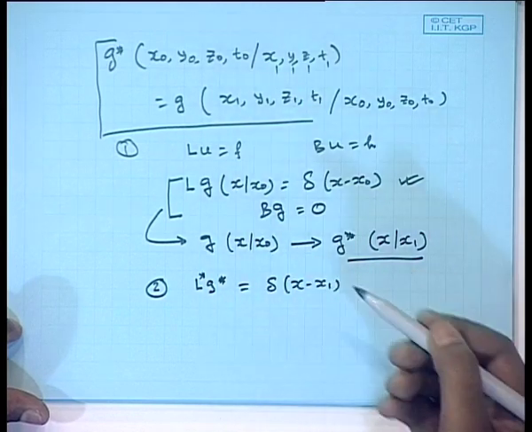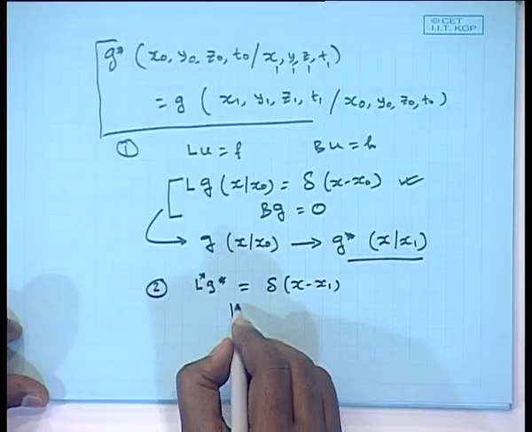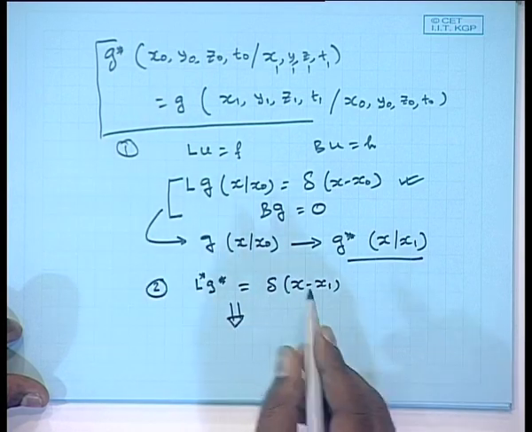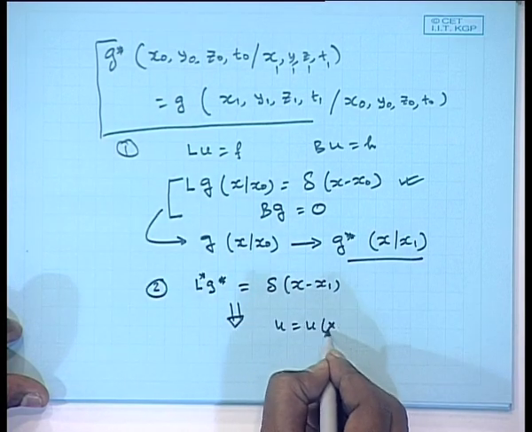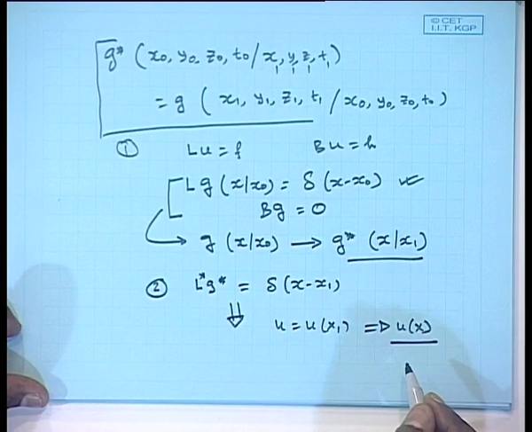By that you will get u as a function of x1. Once you get u as a function of x1, then change the running variable x1 to x, and you will get the solution u as a function of x.